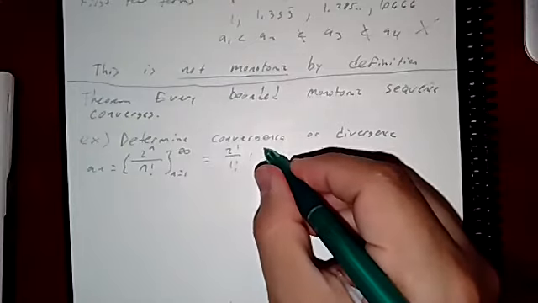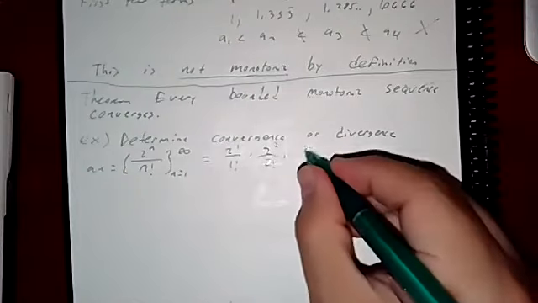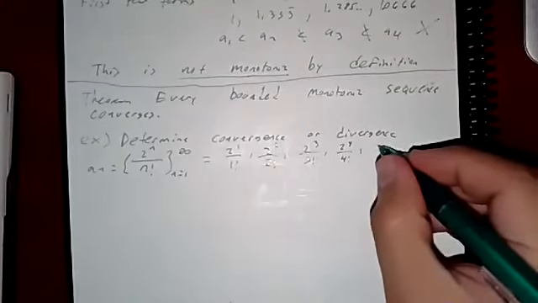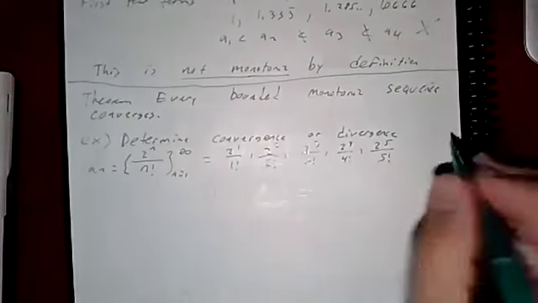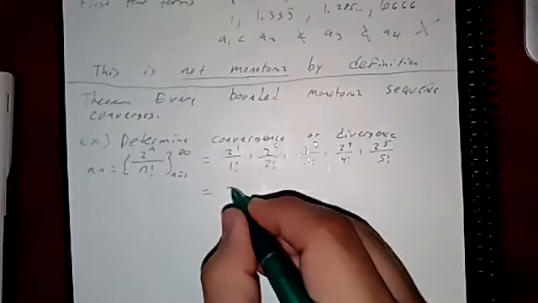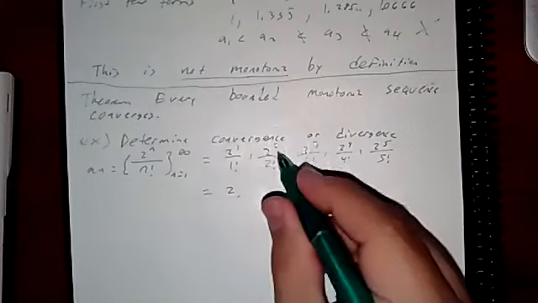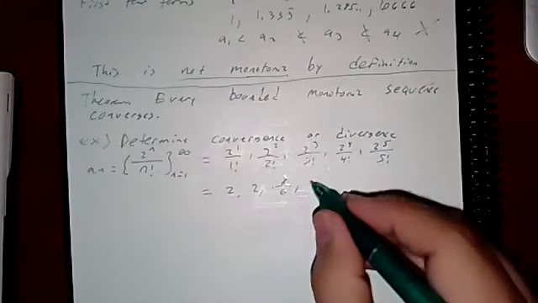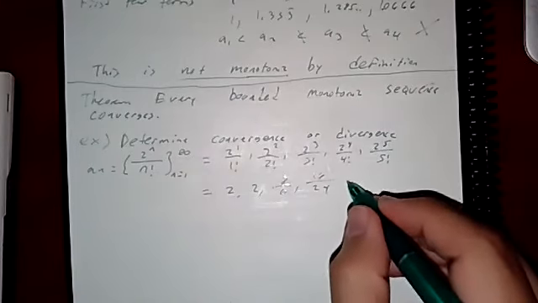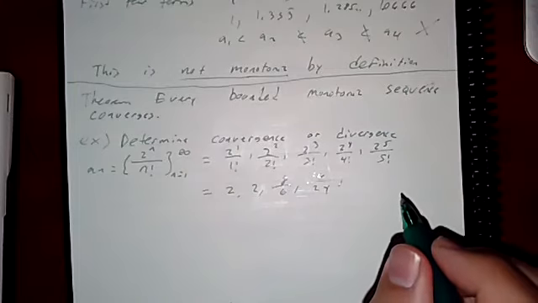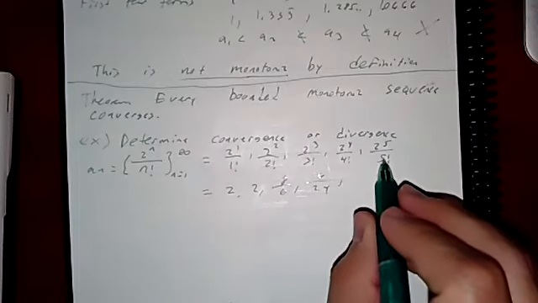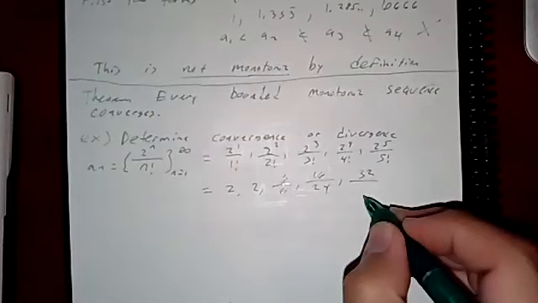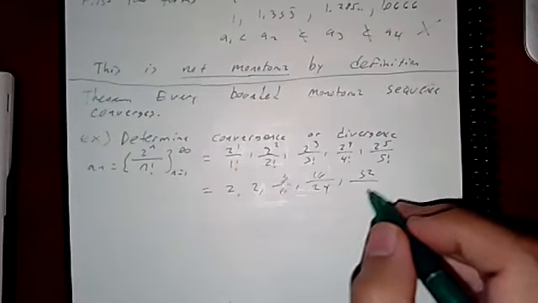Next one will be 2 to the 2 over 2 factorial, 2 cubed over 3 factorial, 2 to the 4th over 4 factorial, 2 to the 5th over 5 factorial, which is really just 2, 4 over 2, 8 over 6, 16 over 24, and 32 over 120.